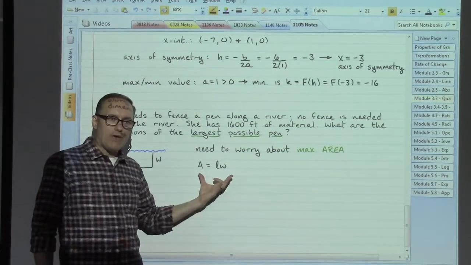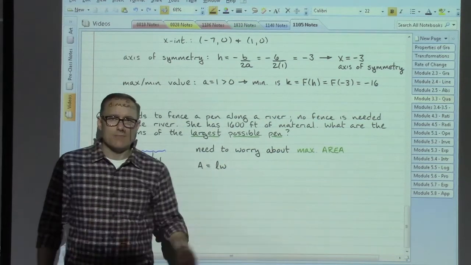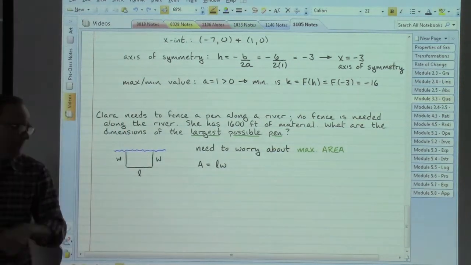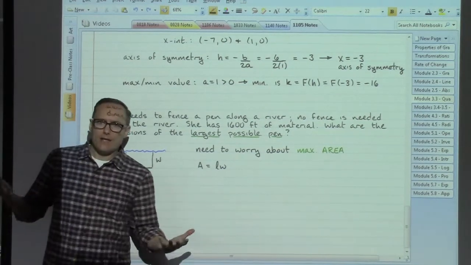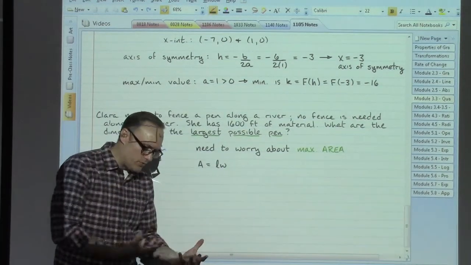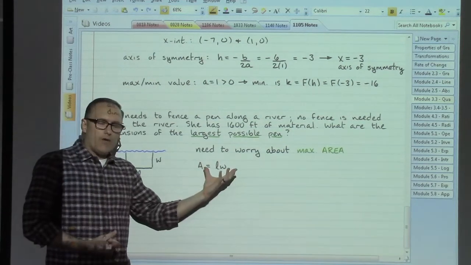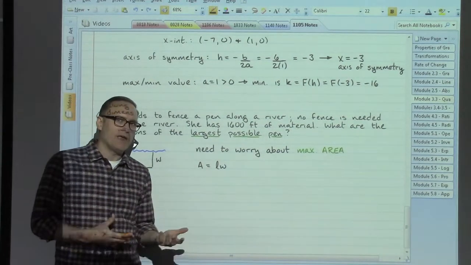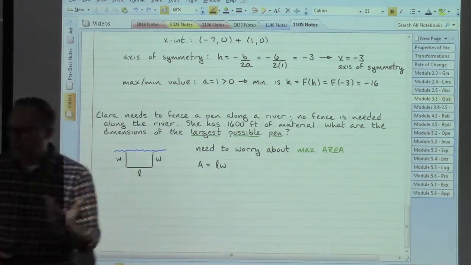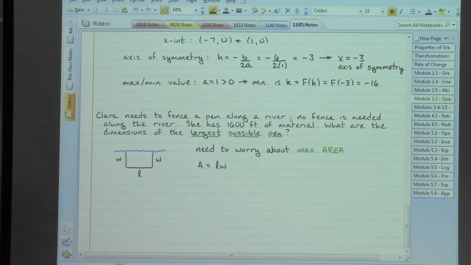That means we need area, and the basic area comes from length times width. But that's got 3 variables in it: area, length, width. We can't hack that unless there's a way of being able to transform that area into something that has only length or width. Well, we only have a certain amount of material that we can use.